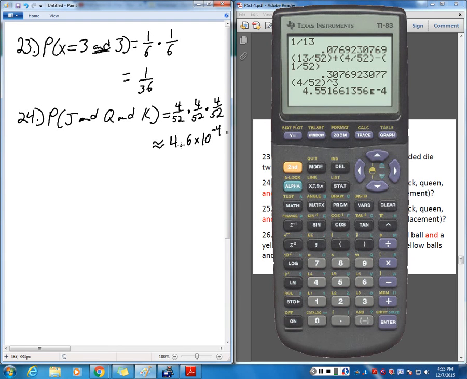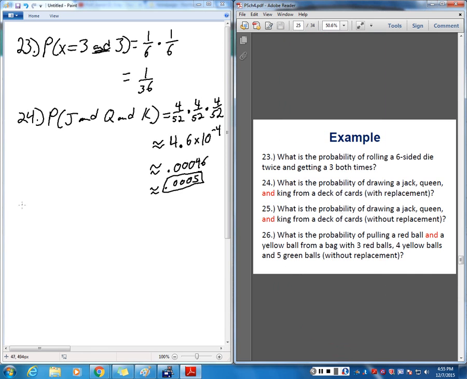So I'll take the decimal and move it 4 places to the left. That gives me approximately 0.00046, which is 0.0005 when it's rounded to 4 places. So it's a very unlikely event.